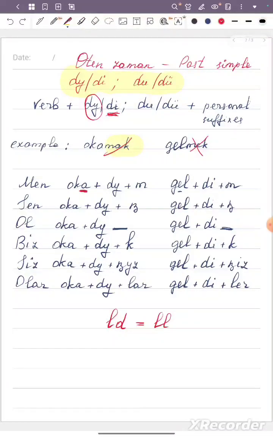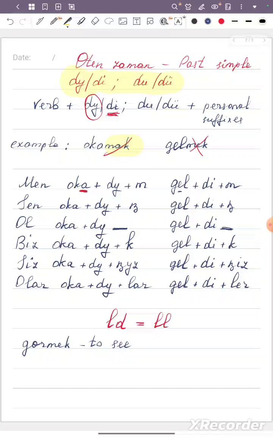This verb is görmek. Görmek is to see, or to look. No, not look, just to see.